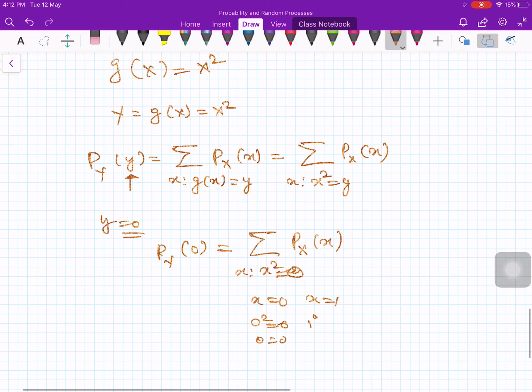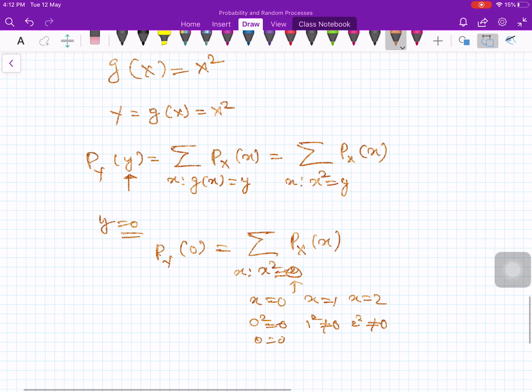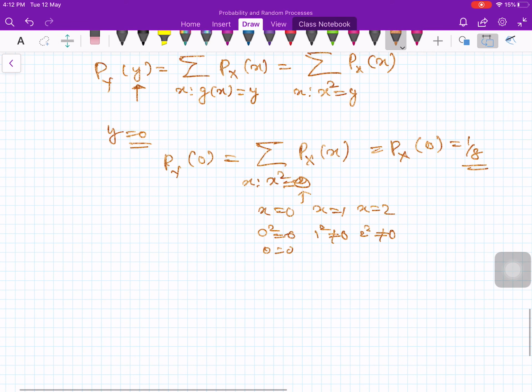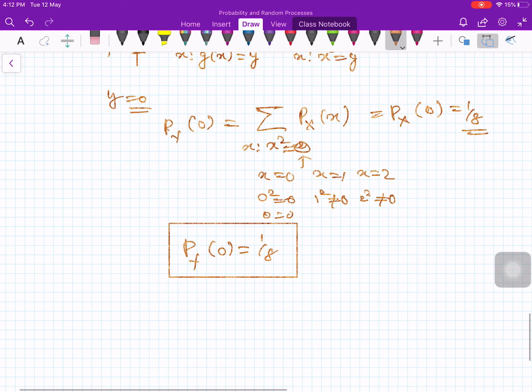Substitute x equal to 0, 0 squared equals 0, yes. Substitute x equal to 1, 1 squared is not equal to 0, leave it. X equal to 2, 2 squared is not equal to 0, leave it. Therefore only one value satisfies for y equal to 0, that is px of 0, which is 1/8. Therefore py of 0 equals 1/8.